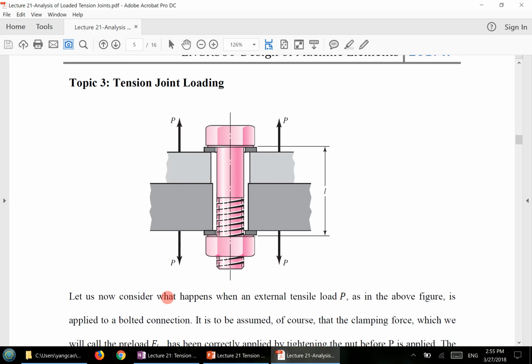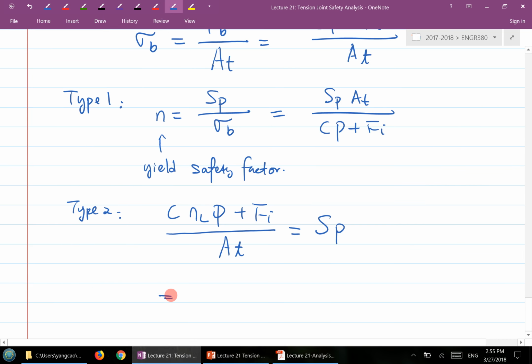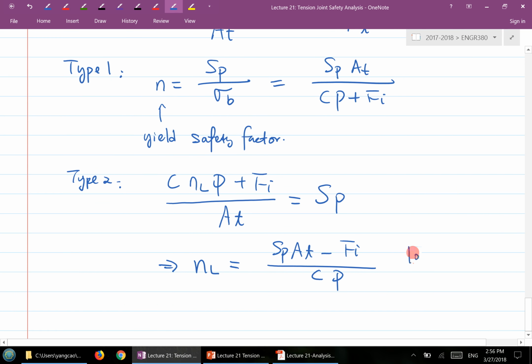From here, you can solve for NL, which is what we call the load factor. NL is SP times AT minus Fi, divided by Cp. This is called the load factor. It makes sense: you're putting a weighting factor in front of the external load, and you don't want too much external load being applied to cause an unsafe situation. So that's the second type of safety factor.